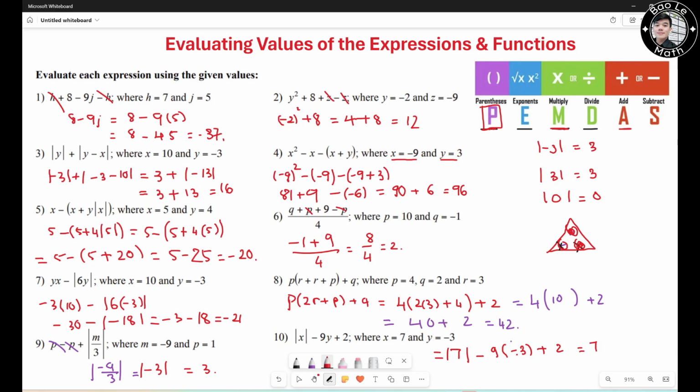Negative 9 times negative 3, we use the triangle trick, right? So we have negative side right here, and positive, right? So we have two negative sides, right? So we cross this one out. And we have a positive right here. So the answer is 9 times 3 equals 27. So 7 plus 27 plus 2 is going to be 36.